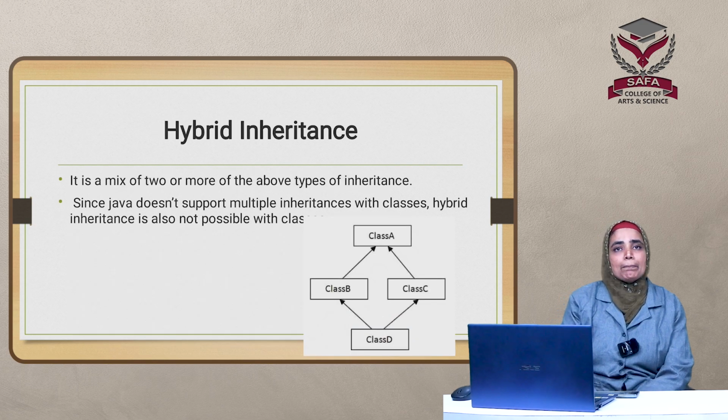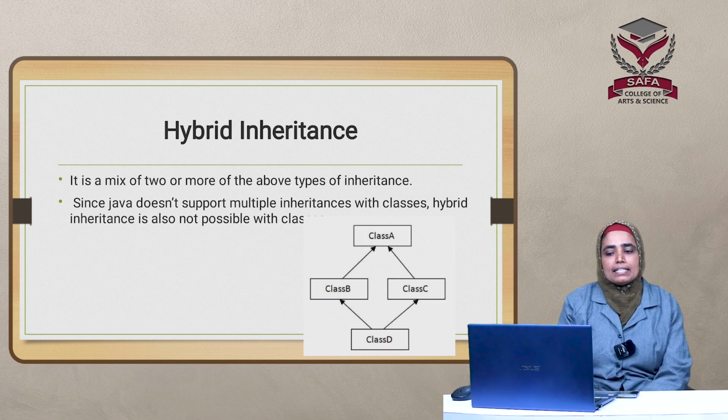Next one is hybrid inheritance. It is a mix of two or more of the above types of inheritance. Since Java doesn't support multiple inheritance with classes, hybrid inheritance is also not possible with classes.